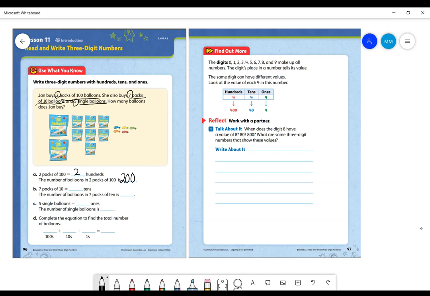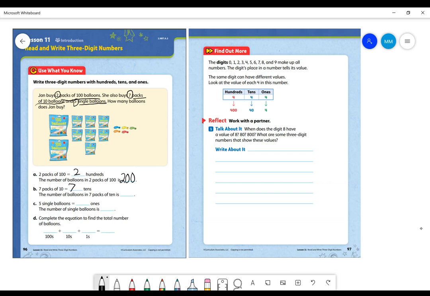Letter B, it says 7 packs of 10. So we have packages of 10 balloons, and we have 7 of them. So how many tens do we have? We have 7 tens. 7 packs of 10 is the same as 7 tens.